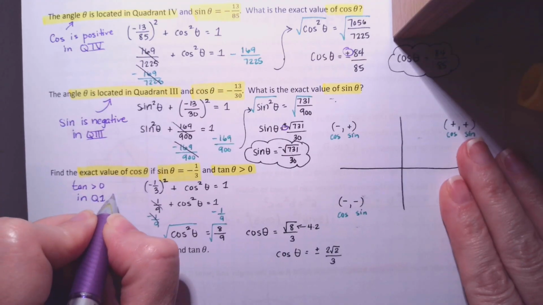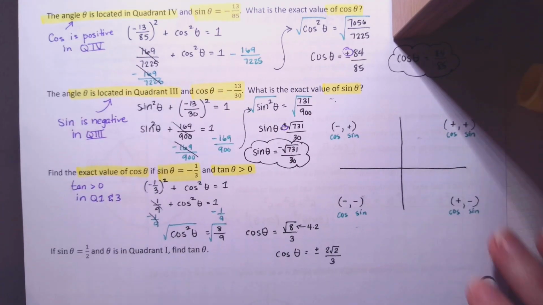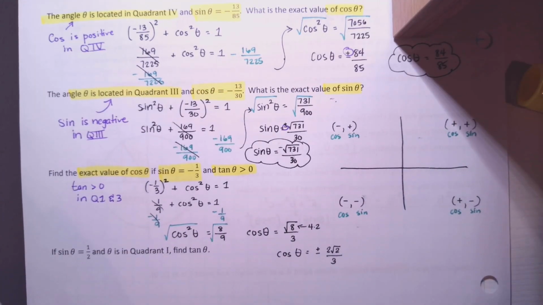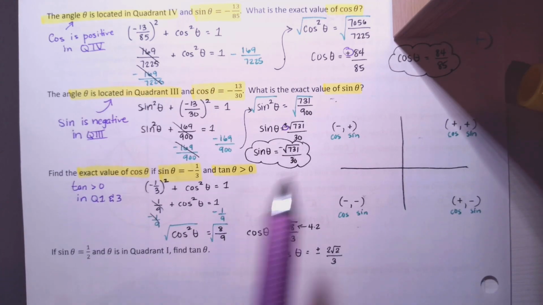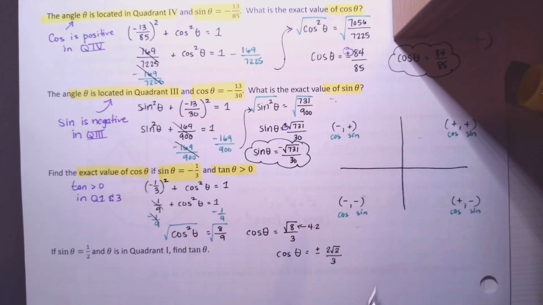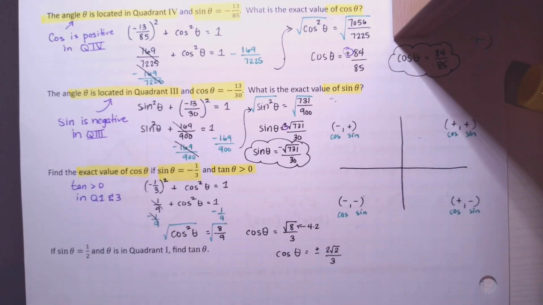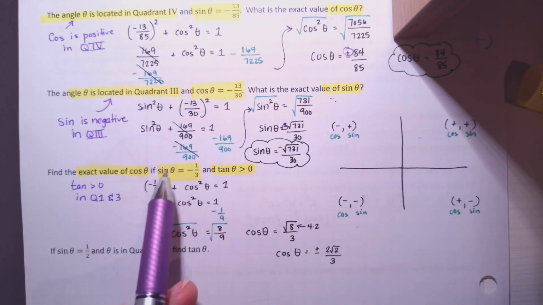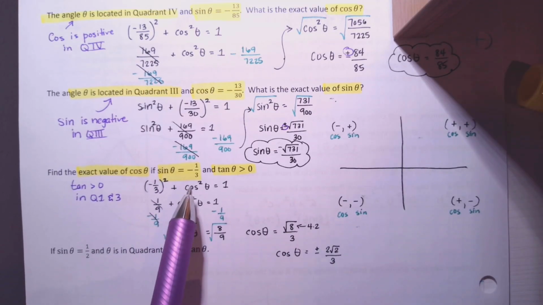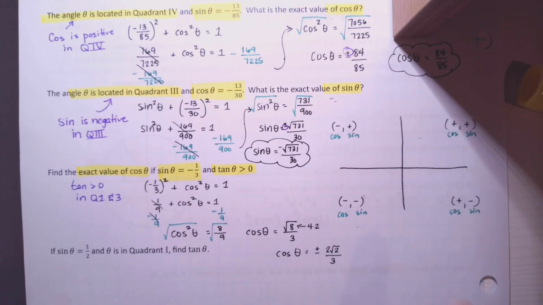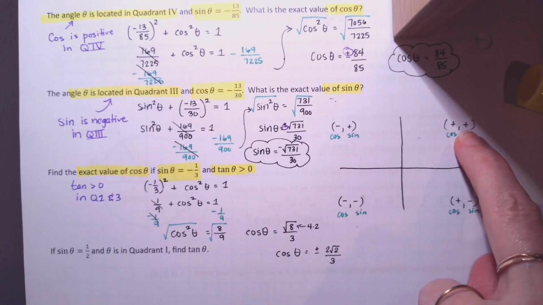Okay, so you're probably saying, well, how the heck do we know whether it's in 1 or 3 then? In 1 or 3, obviously you have a cosine that's positive here, a cosine that's negative here. We've got to figure out which one it is. That still didn't help narrow it down. The second thing that's going to help narrow it down is the fact that the original sine value was negative. If the original sine value was negative, you'll see that only happens in quadrant 3. It does not happen in quadrant 1.